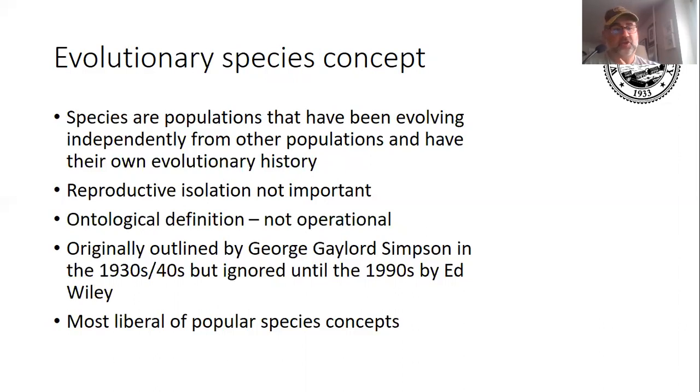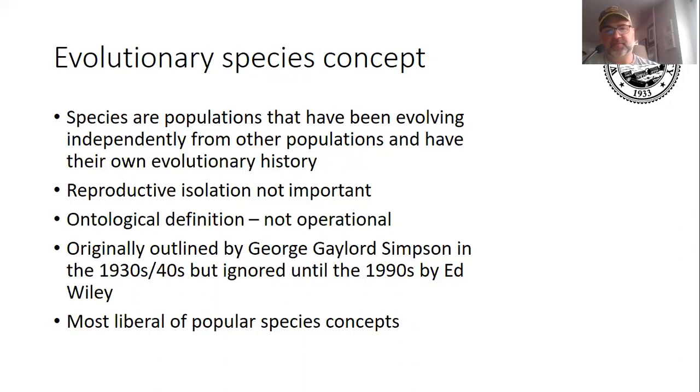It's just that their evolution is different from other populations. Okay, so this is a purely ontological definition. And although this was originally proposed by George Gaylord Simpson in the 1930s and 40s during the synthesis, it was largely ignored until the 1990s when Ed Wiley came out with a number of papers.